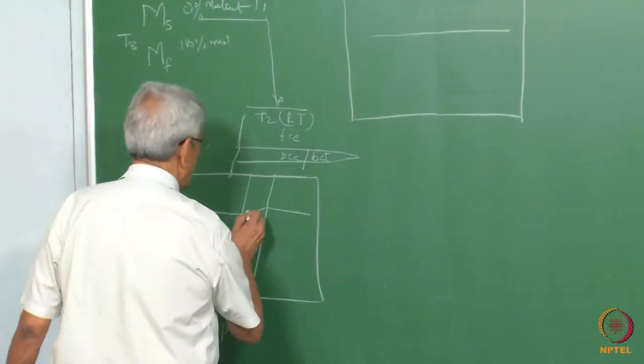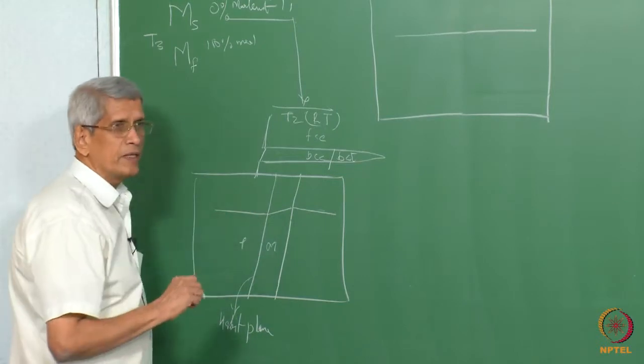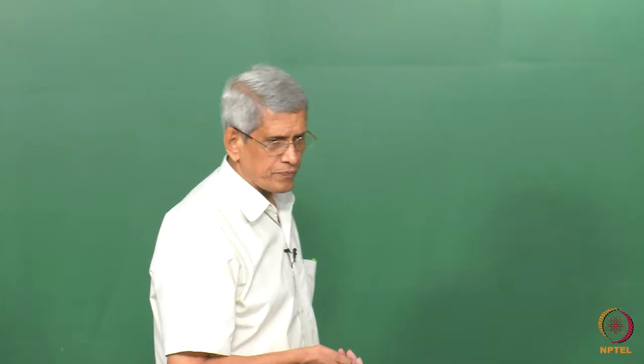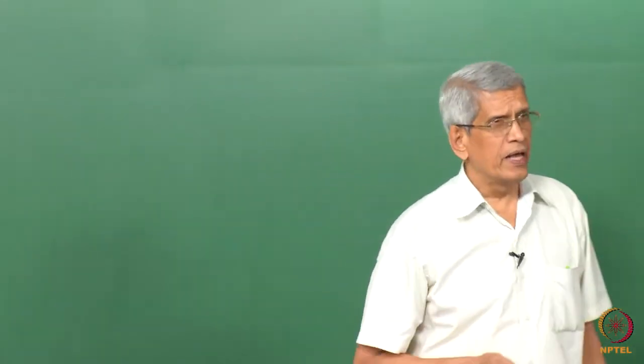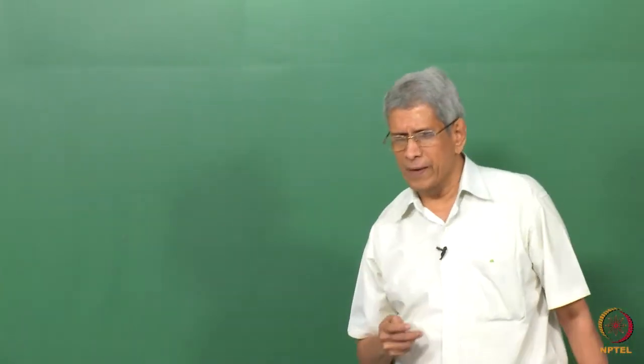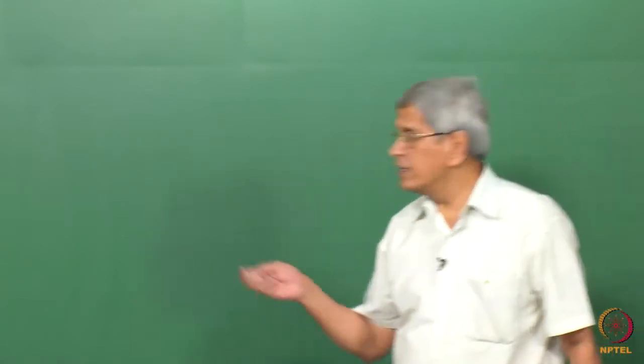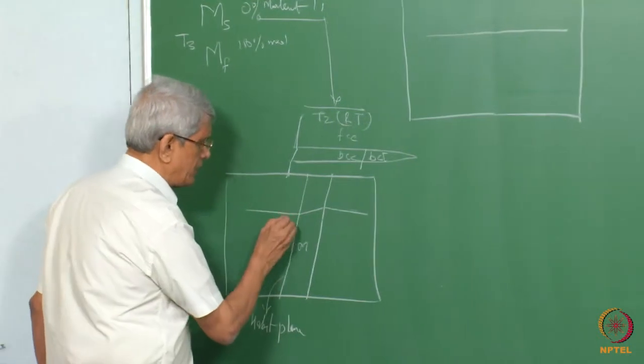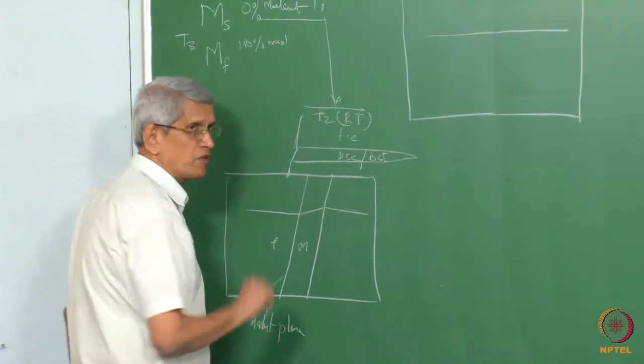Then, as I mentioned, since this line is quite straight, that means the deformation could be a homogeneous deformation. And the third point: if you look here, this line is straight up to the interface.